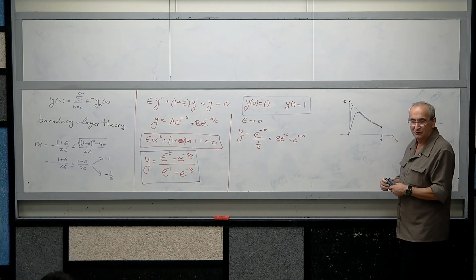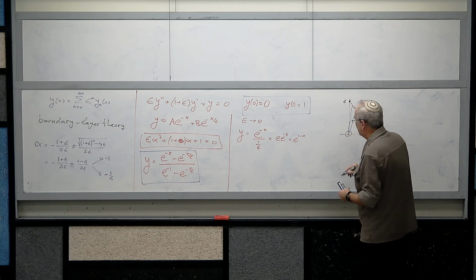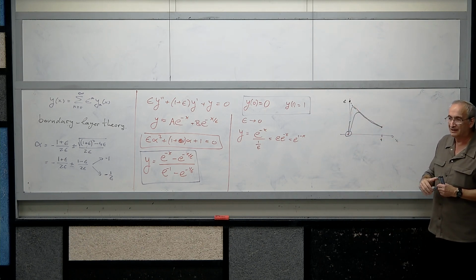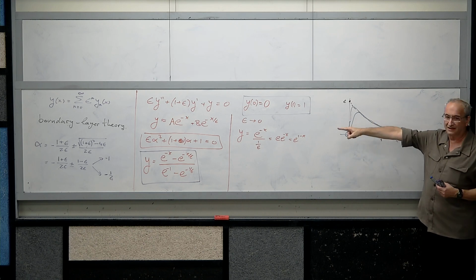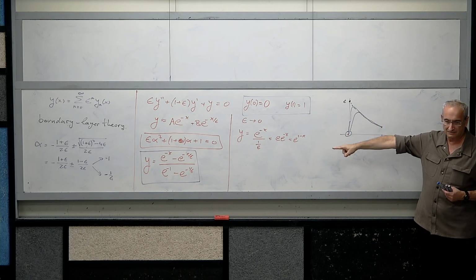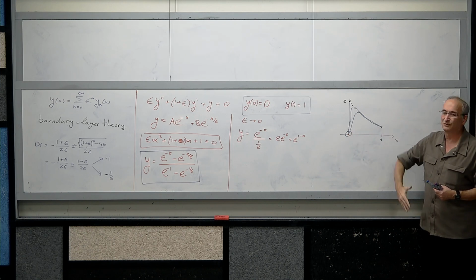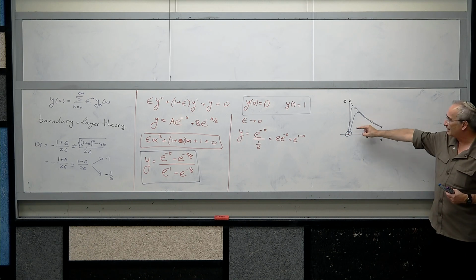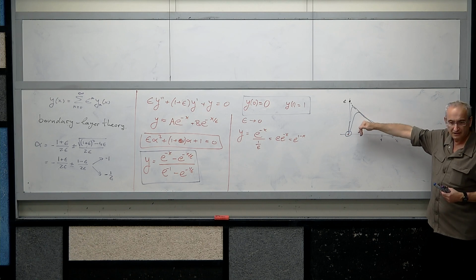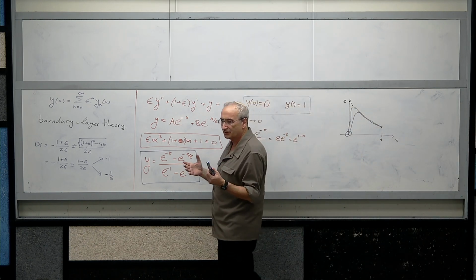No matter how small epsilon is, you are going to have a region here where the behavior of the solution is dominated by the ratio between x and epsilon. So for every small epsilon, there is an even smaller x in which the solution is making such a turn, and this is the boundary layer.